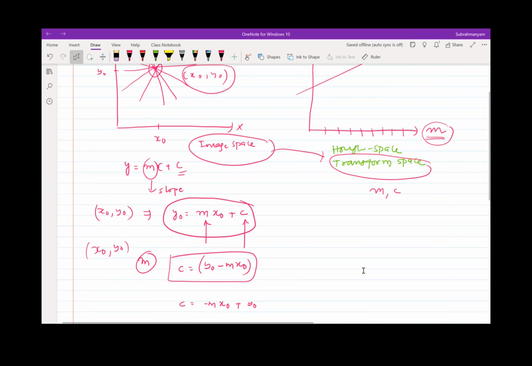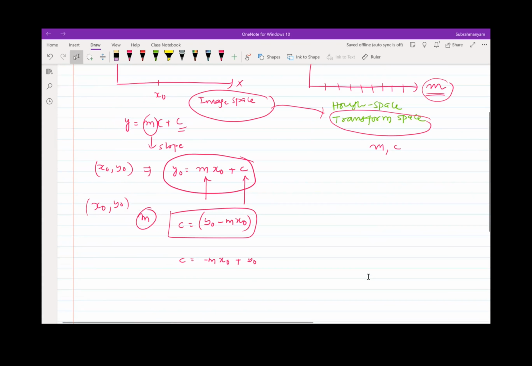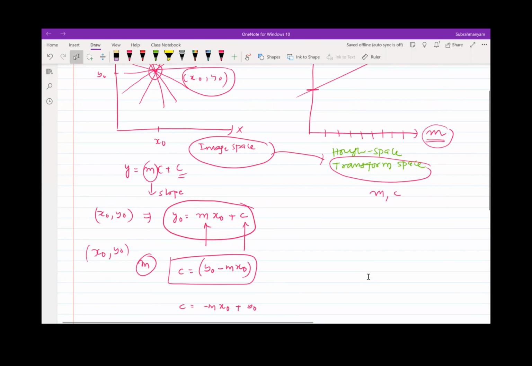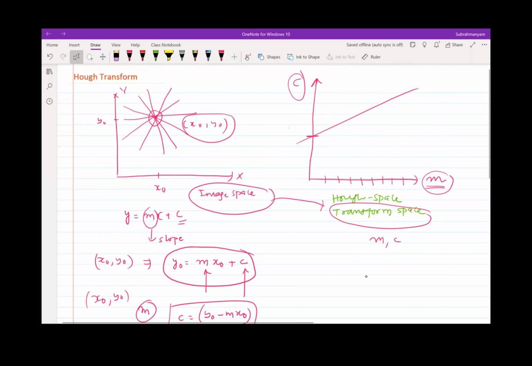You could also tell what this value would be by looking at this equation. How do you get that? At this point your m is 0. This is 0, m is 0, so c is equal to y naught. That also you can tell.